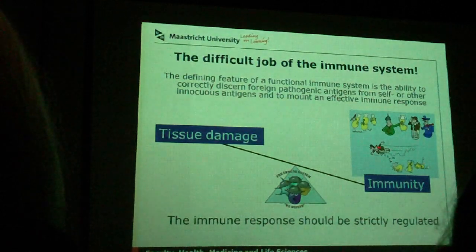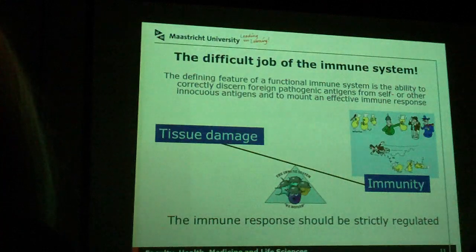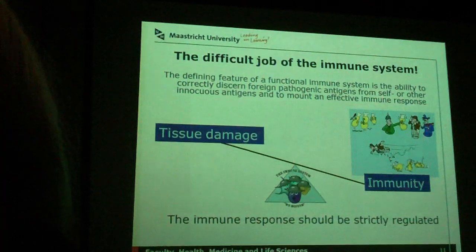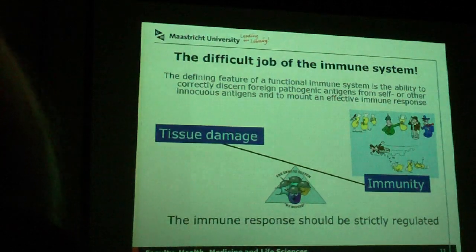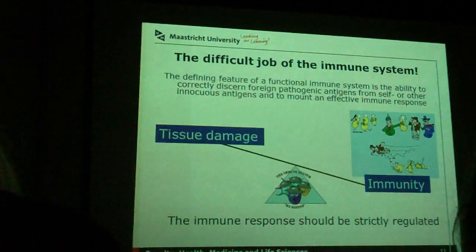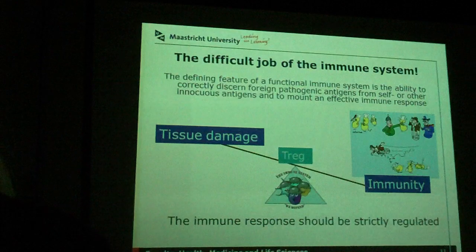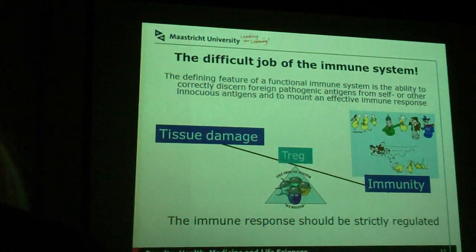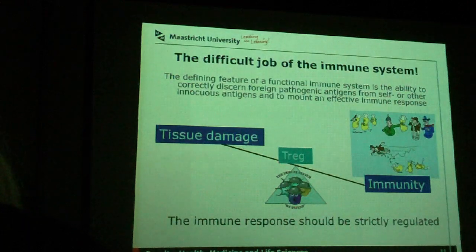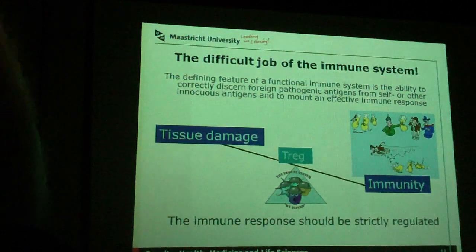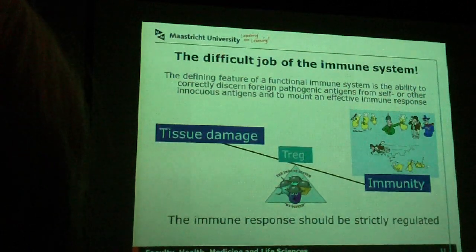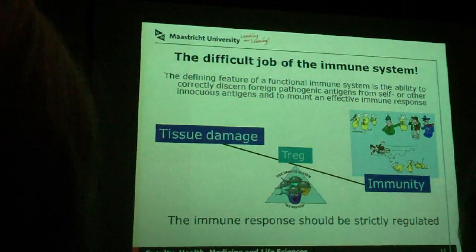So you need immunity to defend yourself against invaders, but you don't want to have tissue damage. So this means that we have to regulate our immune response properly. And this is mainly attributable to the regulatory T cell. This cell determines the quality of the immune response, but also the quantity, so how strong your response needs to be.